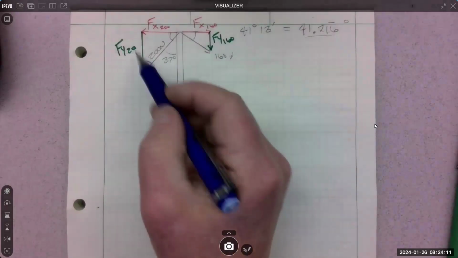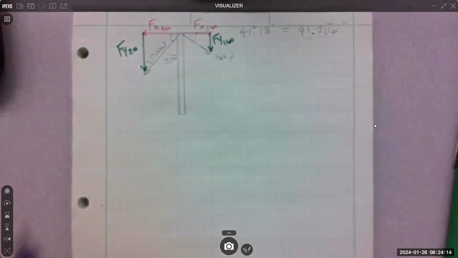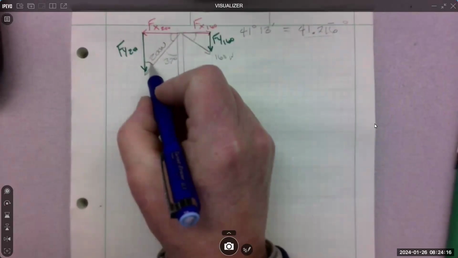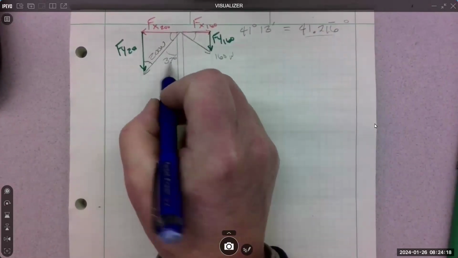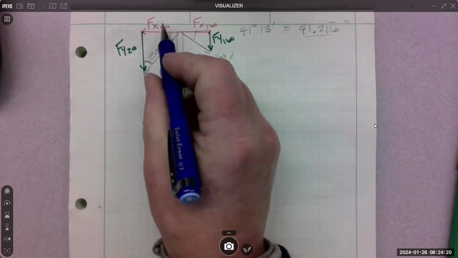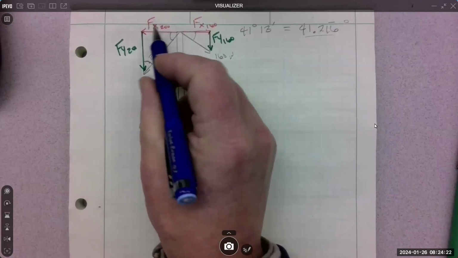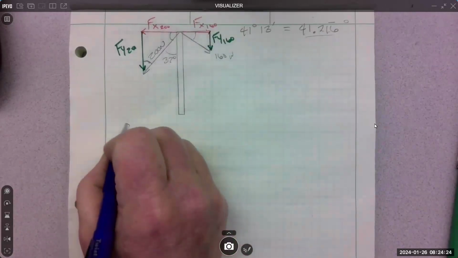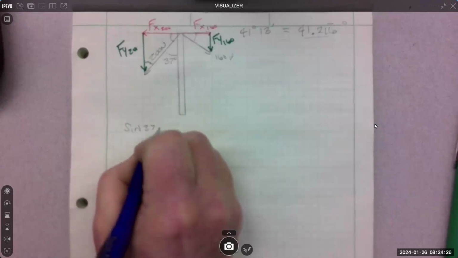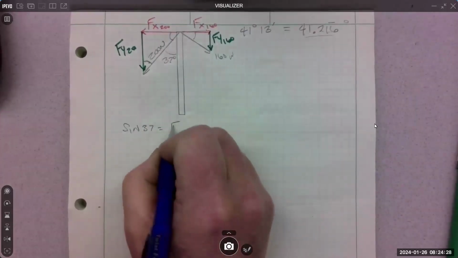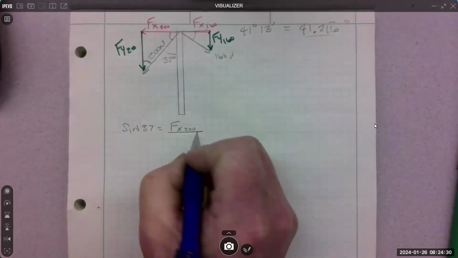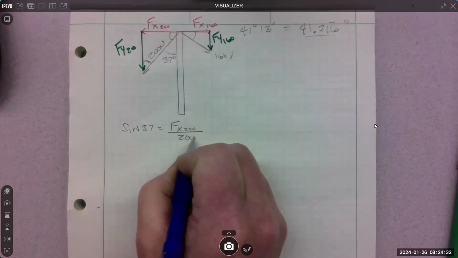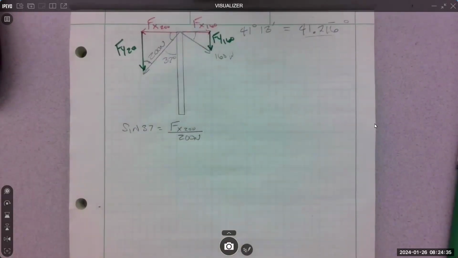I'll do this side first. I'll use the 37 since that's given. Opposite side of the 37 is Fx of the 200. So if I say sine 37 equals Fx of the 200 over 200 newtons.